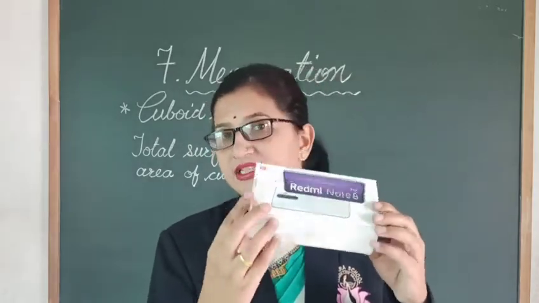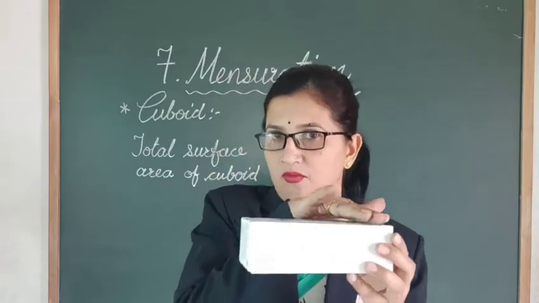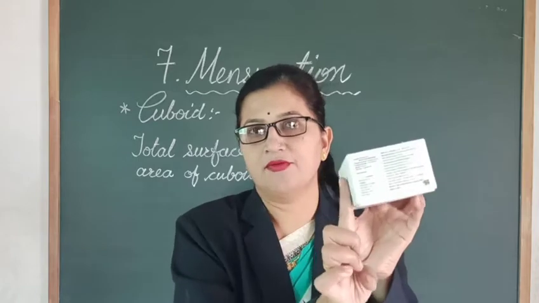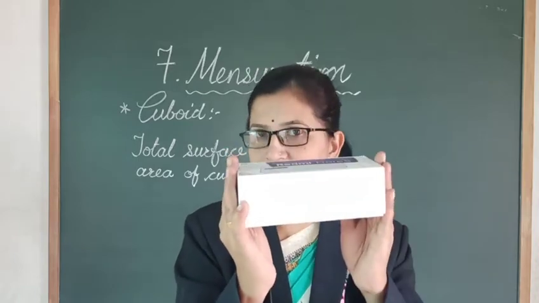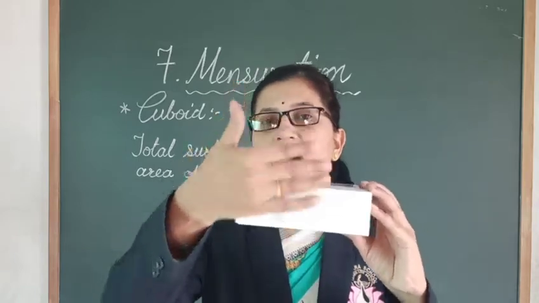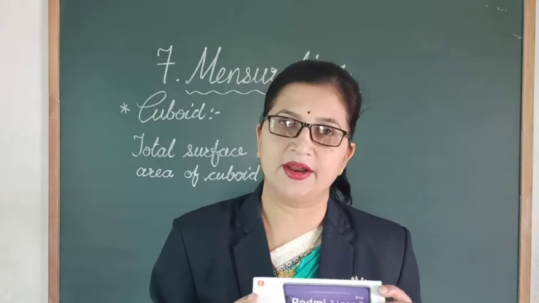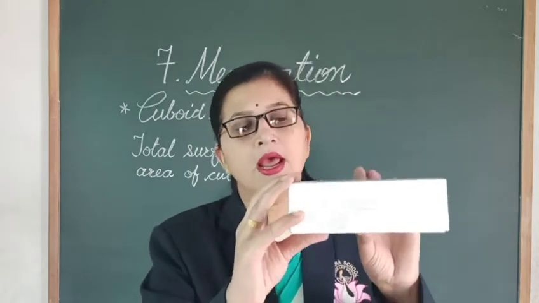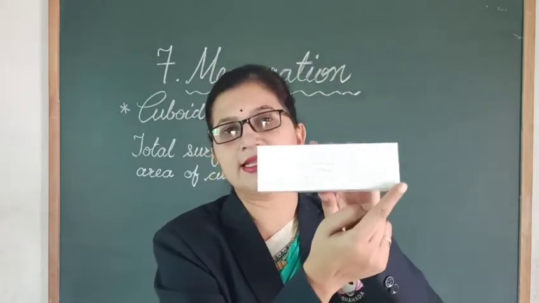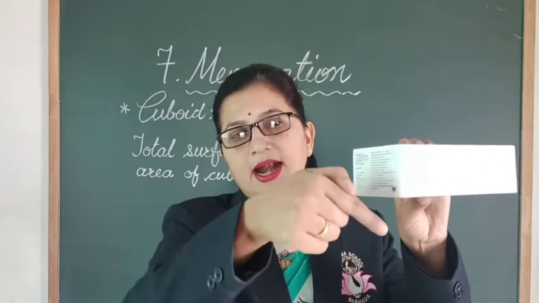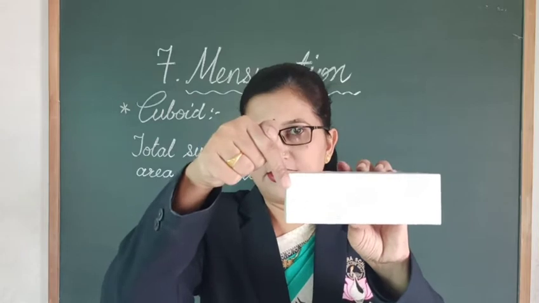A cuboid has 6 faces: 1, 2, 3, 4, 5 and 6. So the sum of the areas of all these faces is called the total surface area of this cuboid. Now let's consider this as the length, this as the breadth and this as the height.